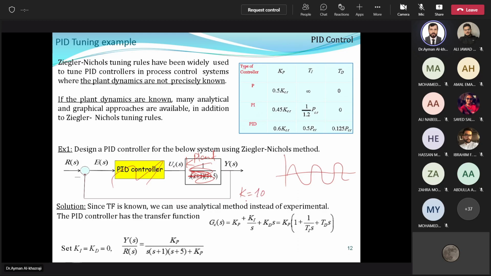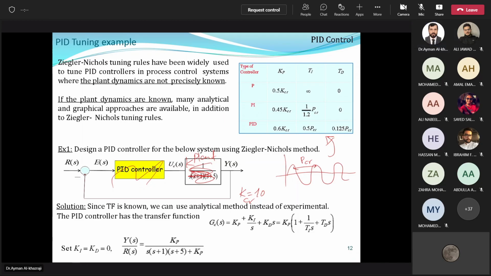So you will say this K is KCR, and you will calculate this. And you will say this is PCR, and then you will go to the table. I will not give you this transfer function. Okay? So practical approach.